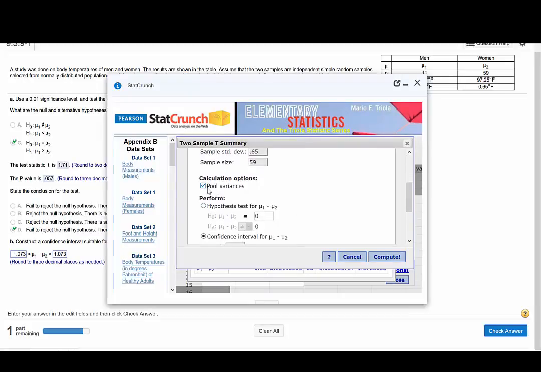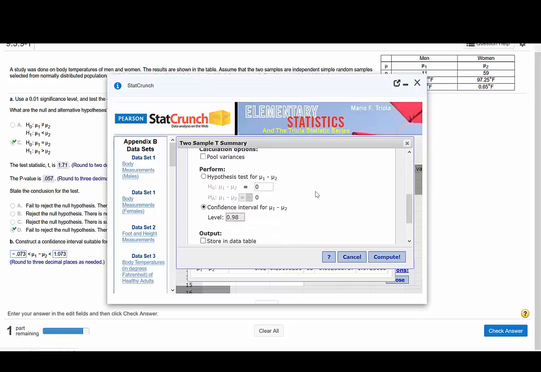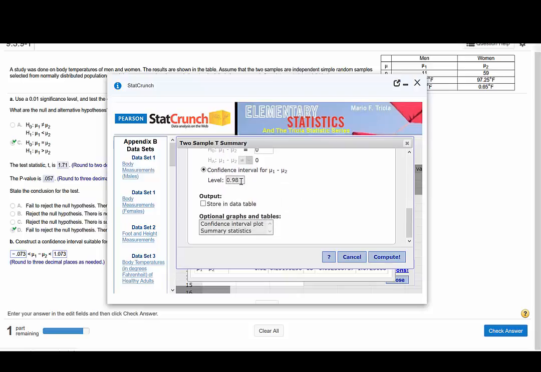Remember that the problem told us not to assume that the population standard deviations are equal, so we'll uncheck the pool variances box again. Now, the problem gave us a 0.01 significance level for a one-tail test to the right. That means that 0.01 would be in the upper tail.